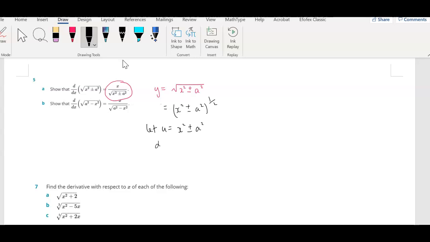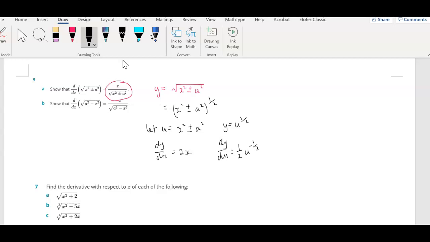So du dx is going to be 2x. And then if y is equal to u to the power of a half, then dy du is equal to a half u to the negative a half.